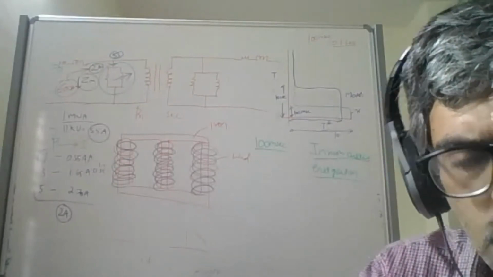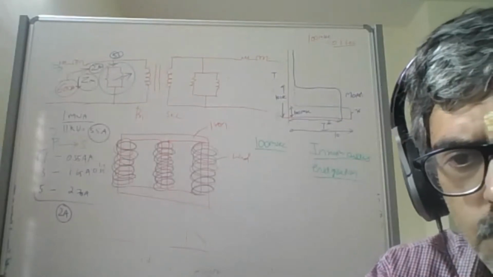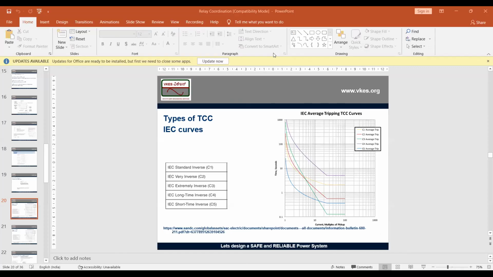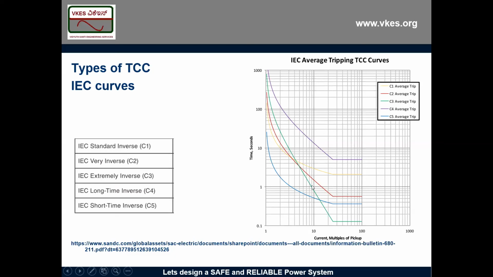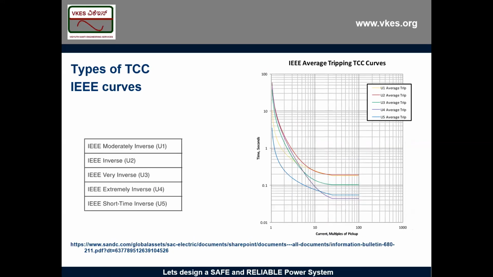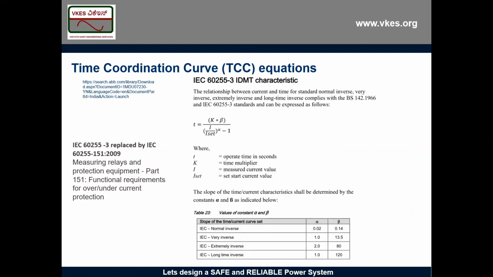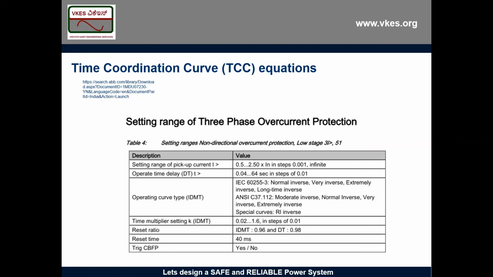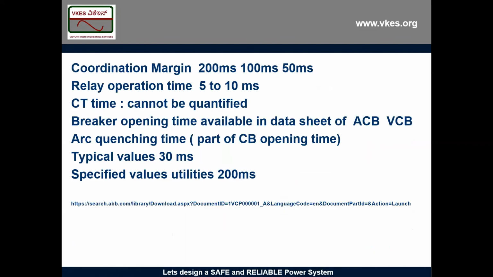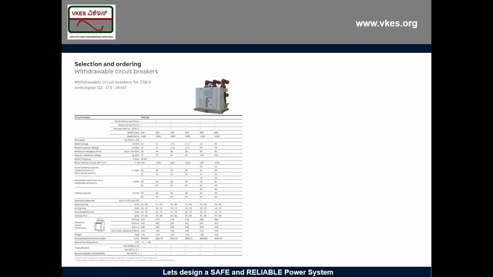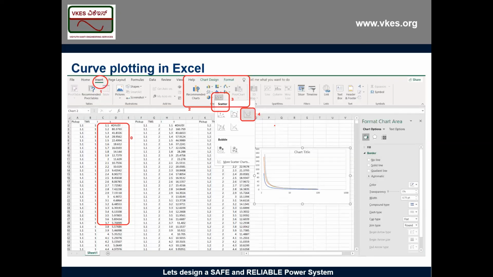Is that okay? Yes, sir. And now for today, I think I'll wind up. It is almost 8:10. Tomorrow I will be covering these types of curves, the IEC curve, then this IEEE curve, and all these curves. And on coordination margin, those things we will cover.